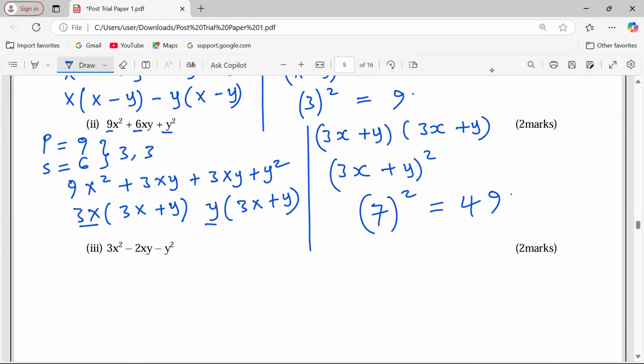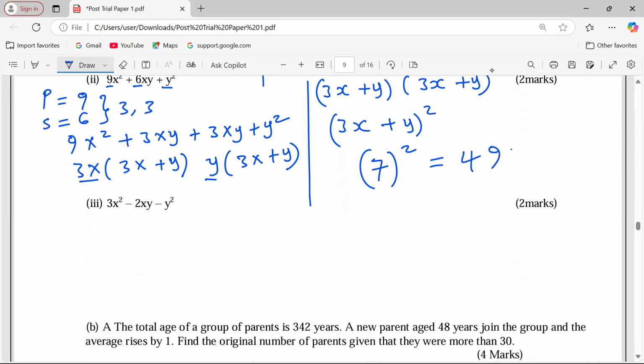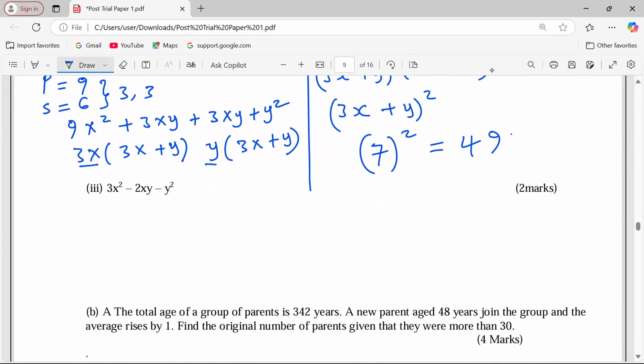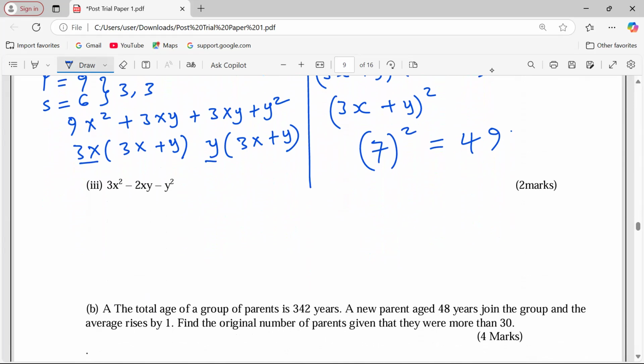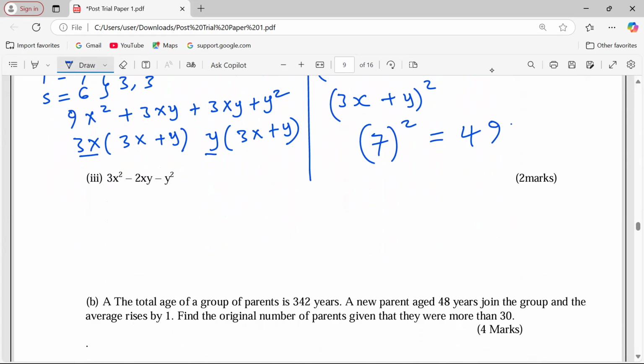Okay, we have a Roman 3 here: 3x squared minus 2xy minus y squared. Let's solve this one. The product is going to be 3 times -1, and the sum is going to be -2.